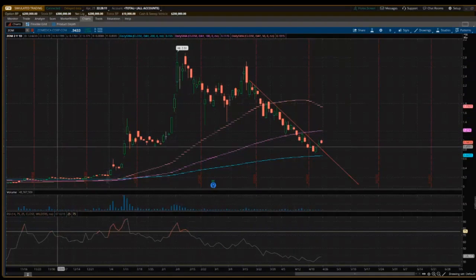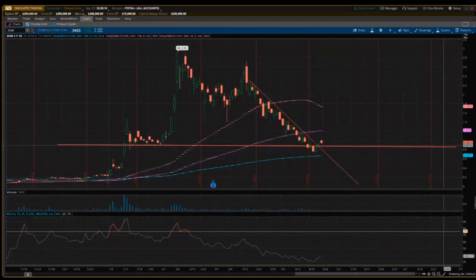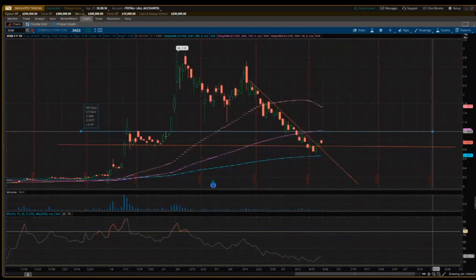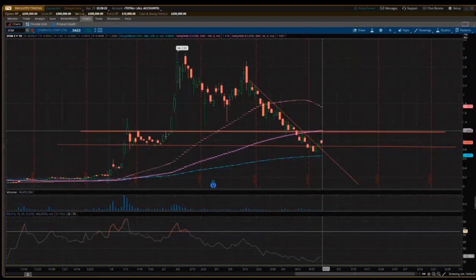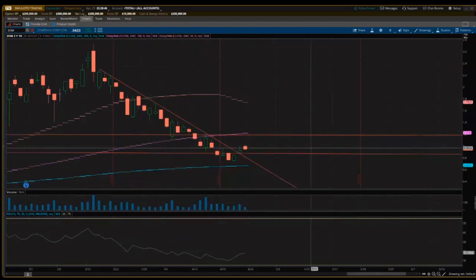And so probably in this price range to this price range, there's going to be a lot of resistance right here. Ironically enough, that's how the market always is. There's a lot of resistance here at the 100-day SMA. And then right here, there's going to be a lot of support because there's a lot of support on the chart here. I'm just guessing here, but if biotechs keep pushing a little bit, I can almost guarantee you it's going to hit this purple line and come back down a little bit.